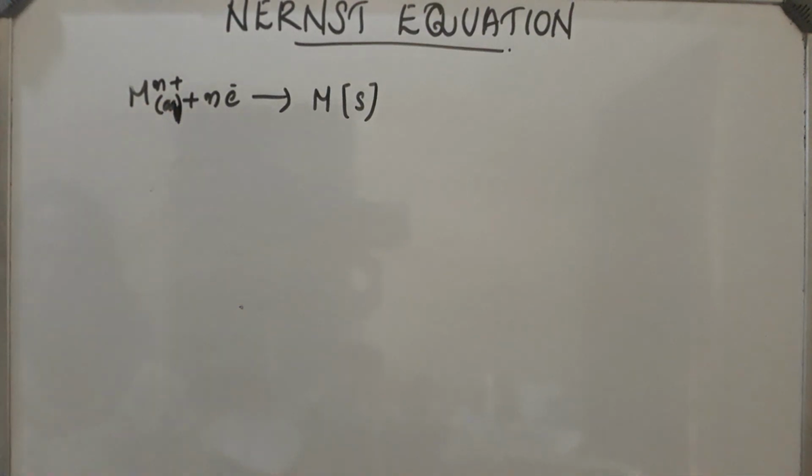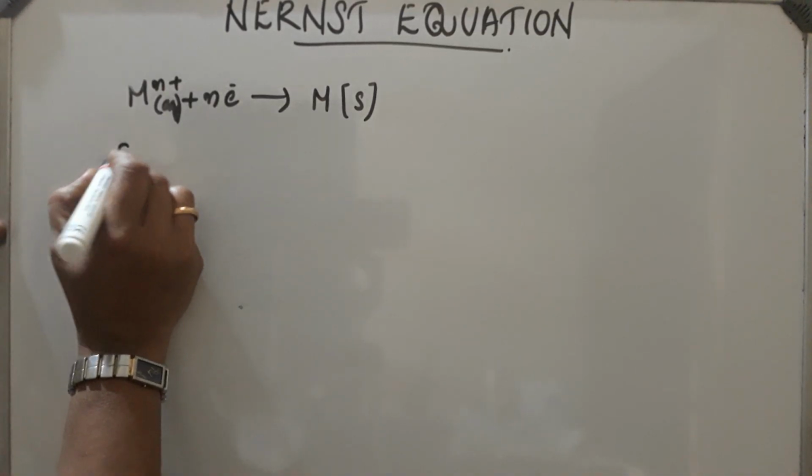Consider this reaction. We are calculating the electrode potential of this reaction at any concentration with respect to the hydrogen electrode. How can we write the electrode potential?